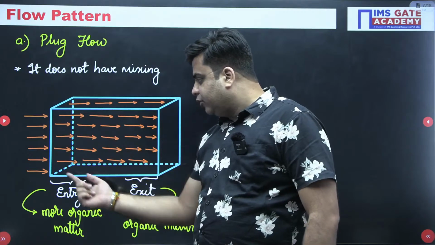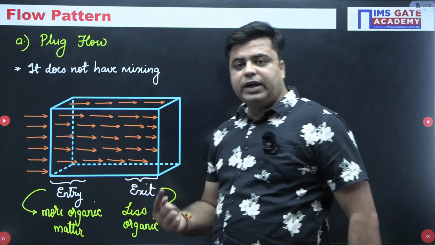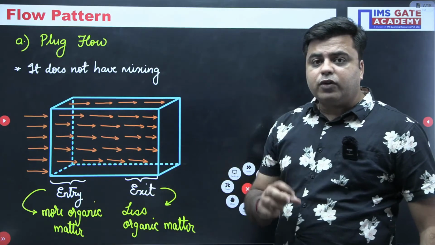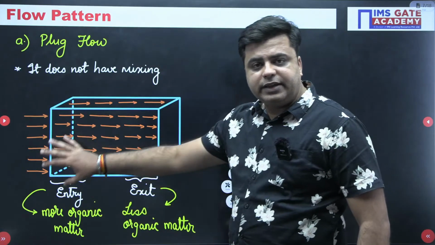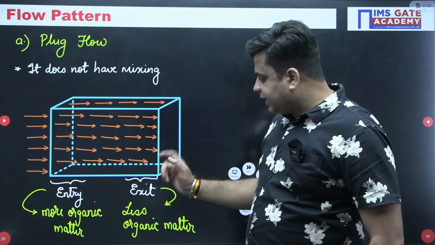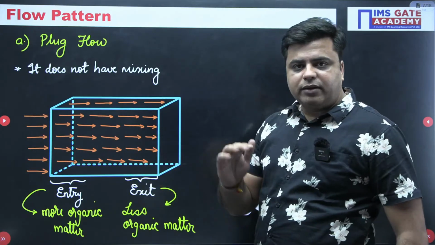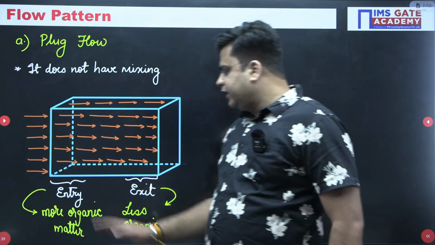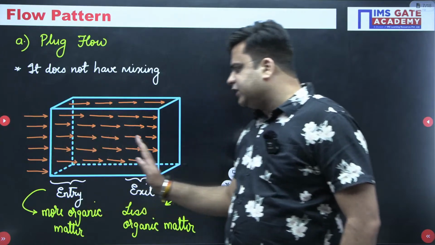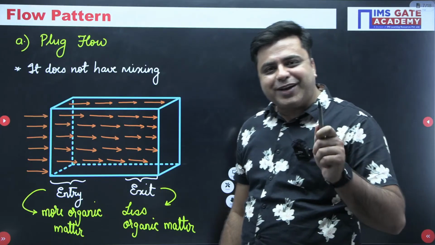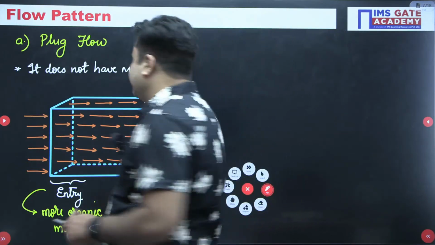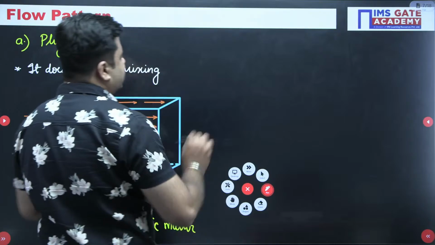I am just telling you that when the wastewater enters, the amount of organic matter will be more in the entry segment, and in the exit segment the amount of organic matter will be less. So when the wastewater is traveling in the aeration tank along the length, the amount of organic matter decreases.